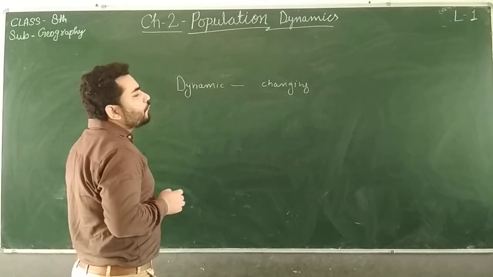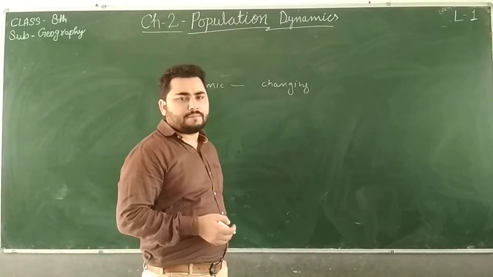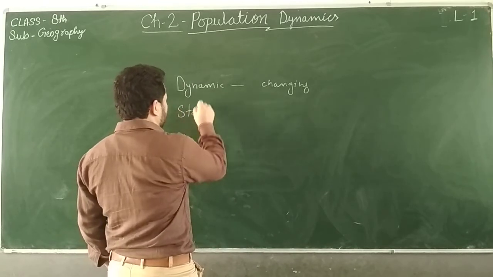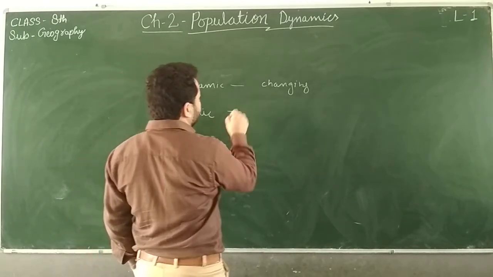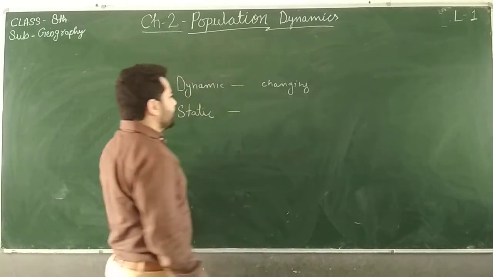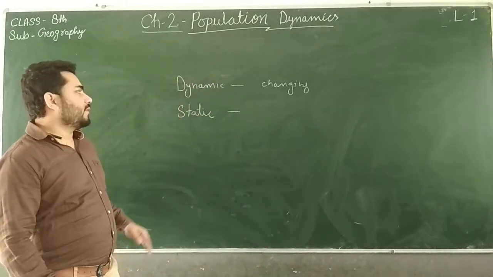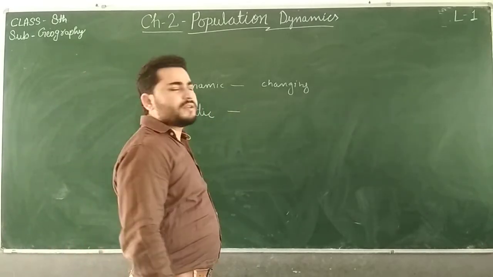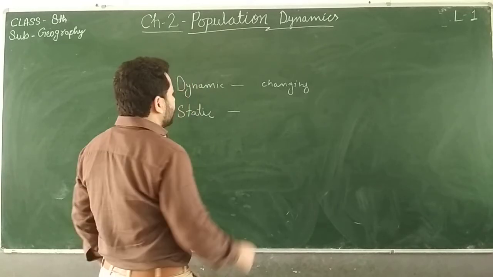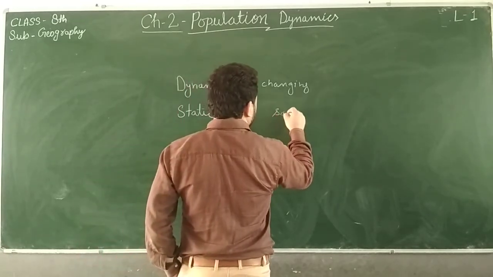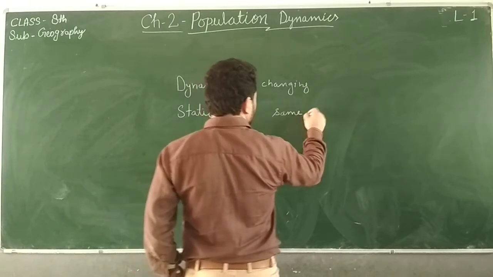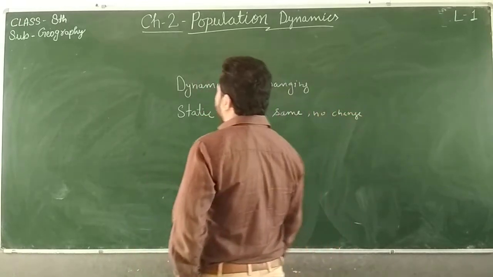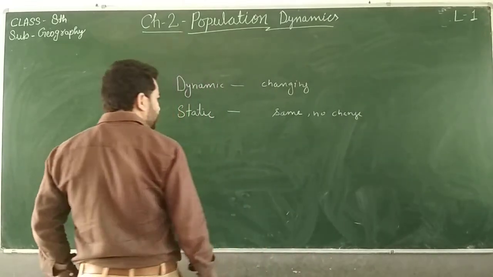Then what is the thing which remains the same and does not change? That is static. So you should know these two words, static and dynamic. Dynamic, the things which keep changing, and static, the things which remain the same, no change or no progression.